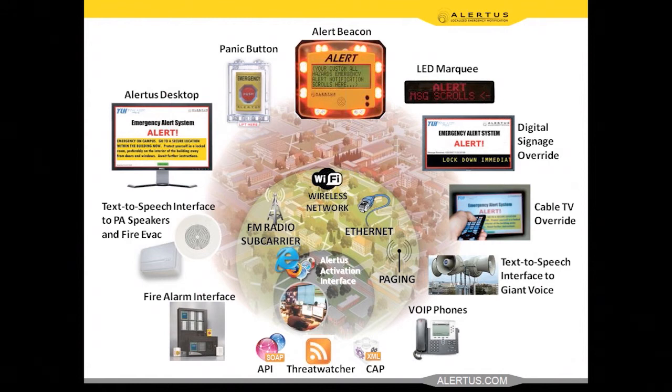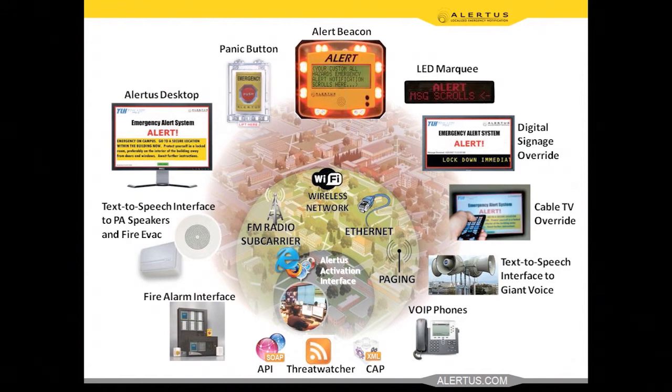Some of those partners that we work with are Blackboard, Everbridge, Rave, Cassidian, SendWord Now. So quite a few of those, and we've got those on our website as well as different partners that we have API integration with. So definitely feel free to look those up as well.